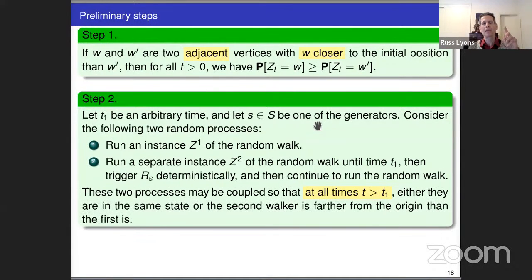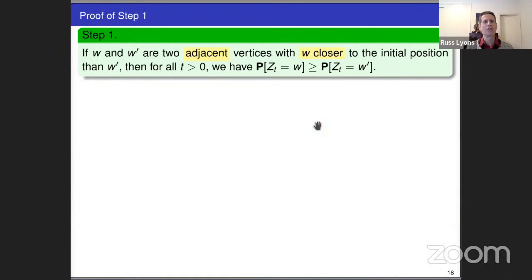At all times larger than T1, either they're in the same state or the second walk is farther from the origin than the first. That's a good thing if we want to show monotonicity. It sounds like a small step, but this is going to put these together to do what we want. So why is the first step true?